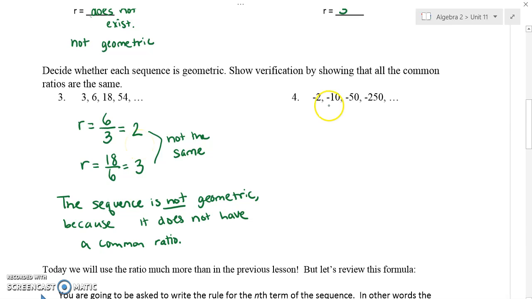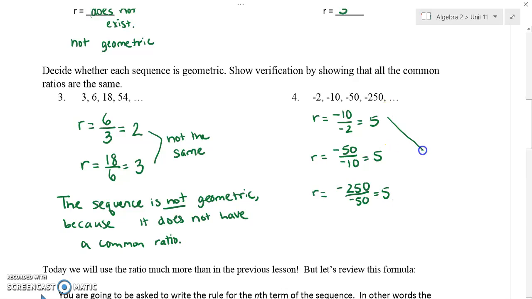All right. Let's go ahead and look at the next one. So we have r equals the second number divided by the first number. Well, that's 5. We're going to do the same thing. The third number divided by the second number, and that's 5. And we're going to do the fourth number, negative 250, divided by the third number, and that's also positive 5.